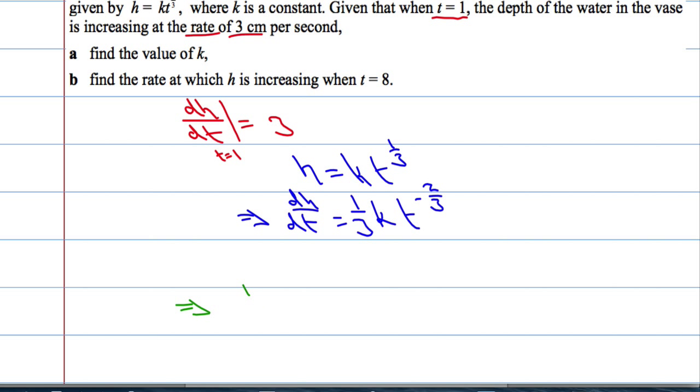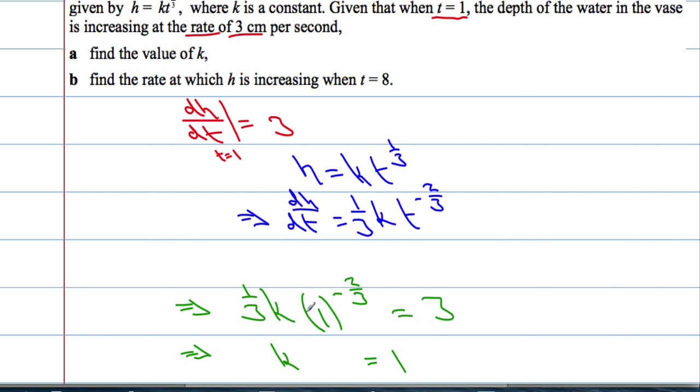So we get 1/3 of k times 1 to the power of negative 2 over 3 will equal 3. Well, 1 to the power of negative 2 over 3 is 1. So when we cross multiply by 1/3, we multiply both sides by 3.